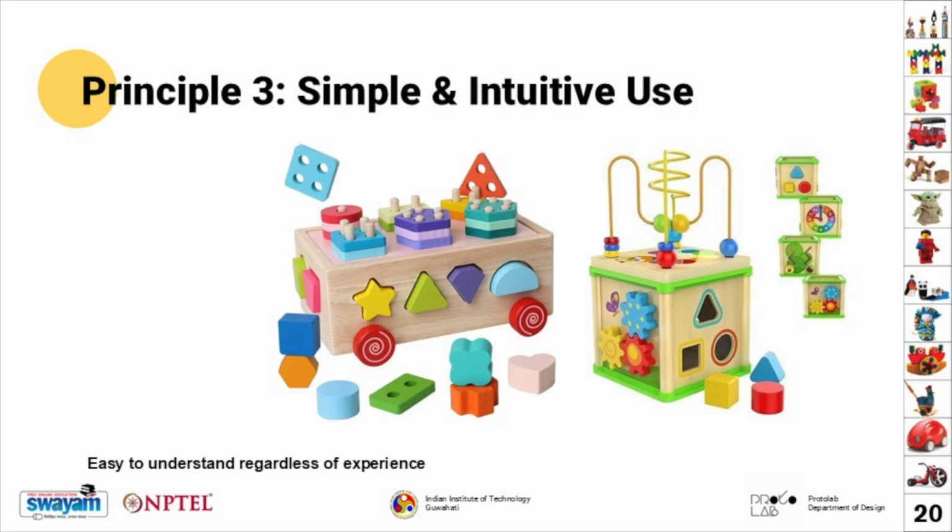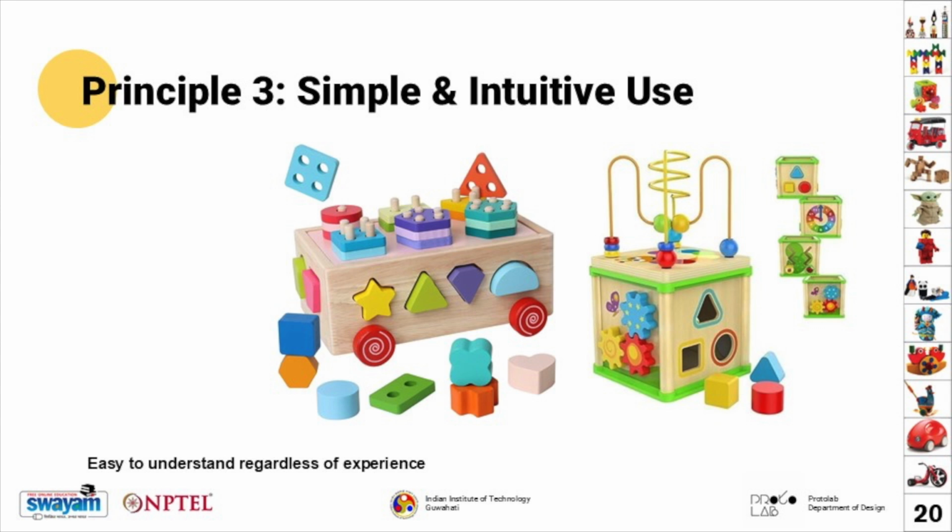Simple and intuitive use is about removing culture and experience barriers. If a toy depends on language ability, reading ability, or prior exposure, some children begin at a disadvantage. An intuitive toy communicates possibility immediately.